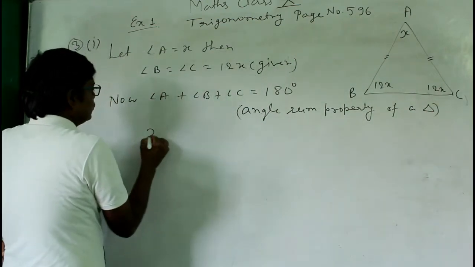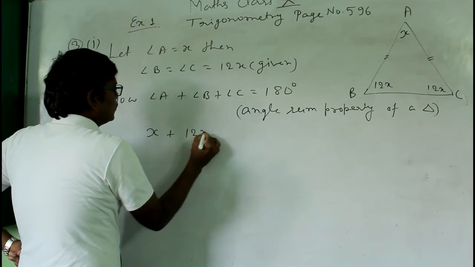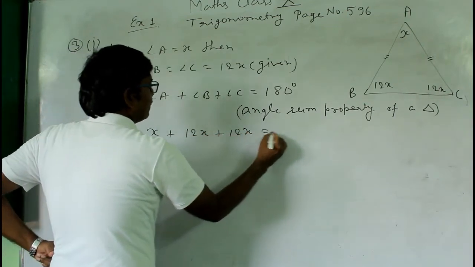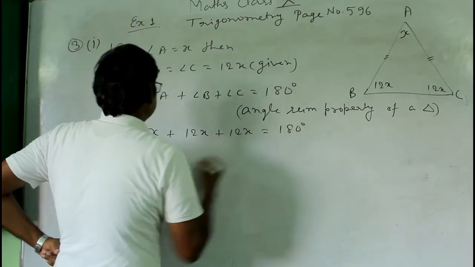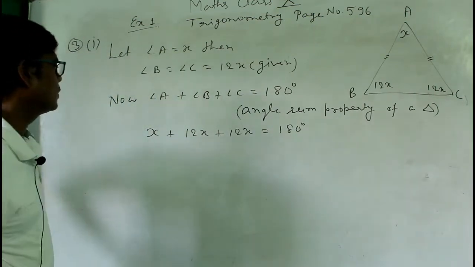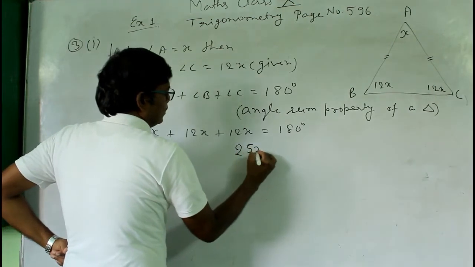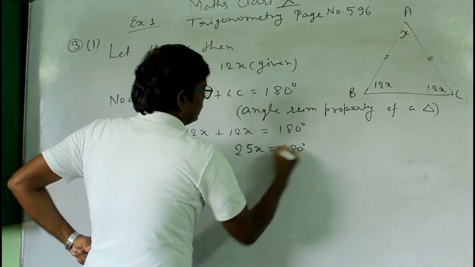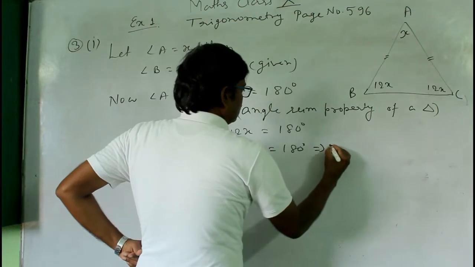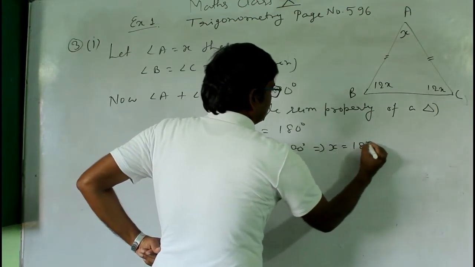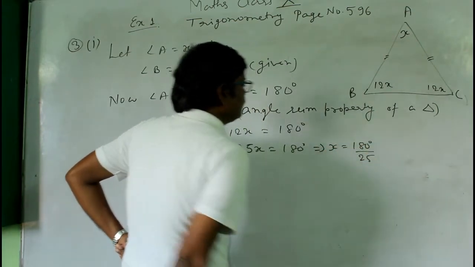Now x plus 12x plus 12x equals 180 degrees. 12 plus 12 is 24, plus 1 is 25, so 25x equals 180 degrees. This implies x equals 180 degrees by 25.